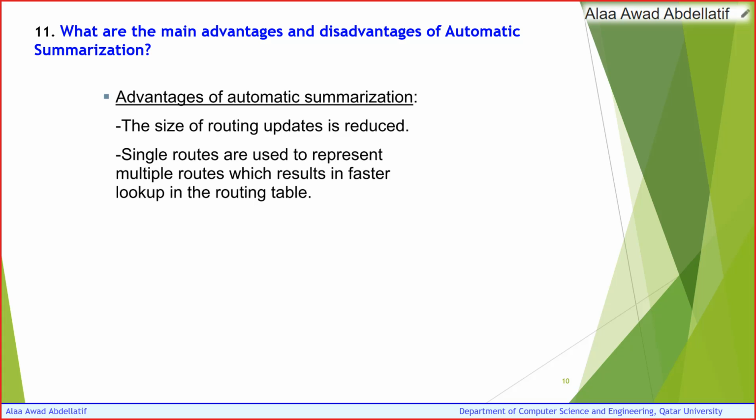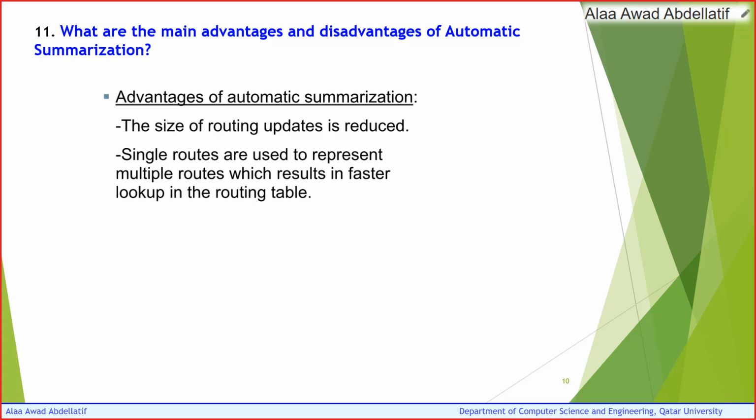How? Because single routes are used to represent multiple routes. The main idea of automatic summarization is to summarize a group of links or routers into one path or one network. We group these routes into one route.